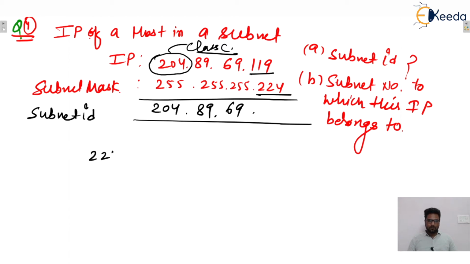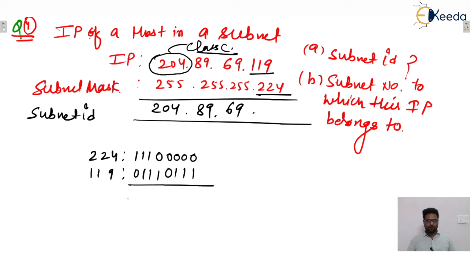So 224 can be written as 111 followed by 00000, and 119 can be written as 0111 0111. Then perform the bitwise AND, that is 000, again 00110, and the equivalent decimal value will be 96.